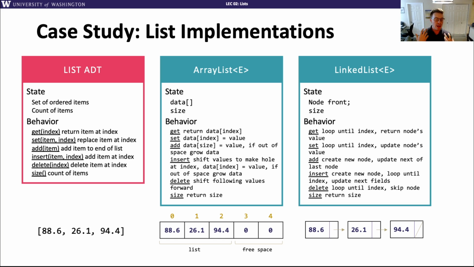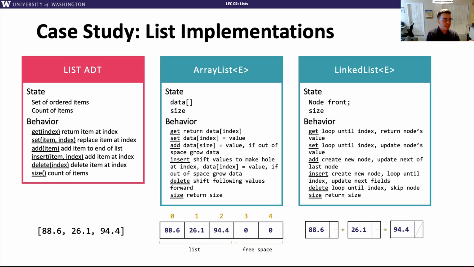Its strategy for actually representing that data is to use a really roomy array, an array that's bigger than how much data you need. So if you had a list that represented 3 numbers, you would store the 3 numbers, but you might have extra room out there at the end. And all of your operations, the concrete implementations of the operations, work on that array.